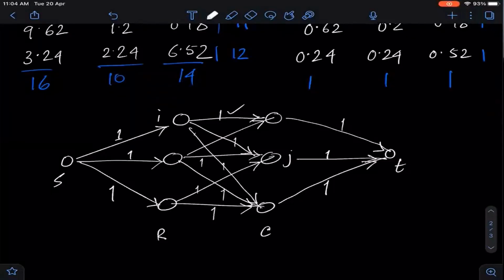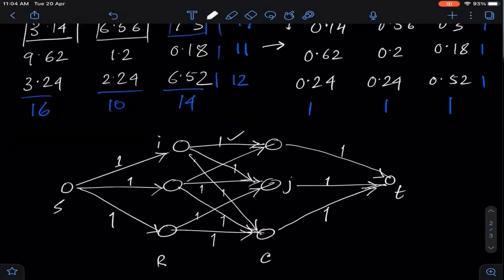If I ask you to construct a flow of value 3 in this network, how would you do that? Forget about algorithms. Just by looking at this example, how will you convince me that there exists a flow where I can send out 1 unit along each of these edges?